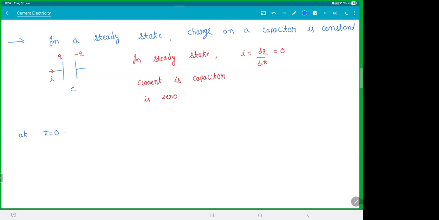So at t is equal to 0, an empty capacitor behaves like a wire. So if you have an empty capacitor, you can treat it like a wire at t is equal to 0.